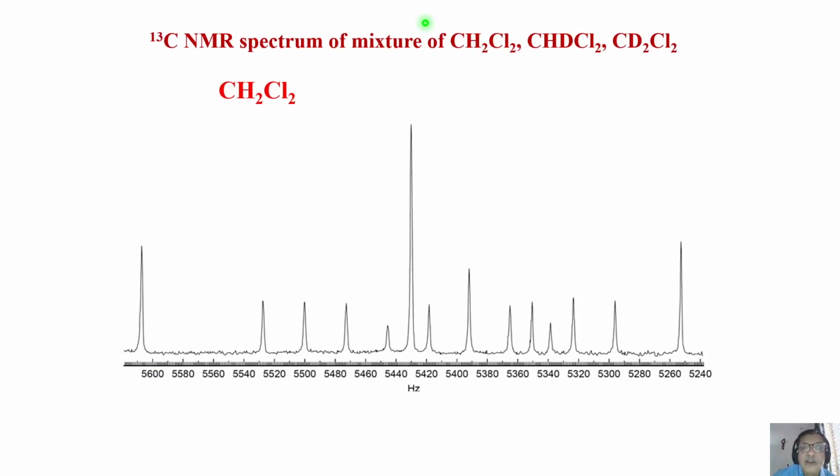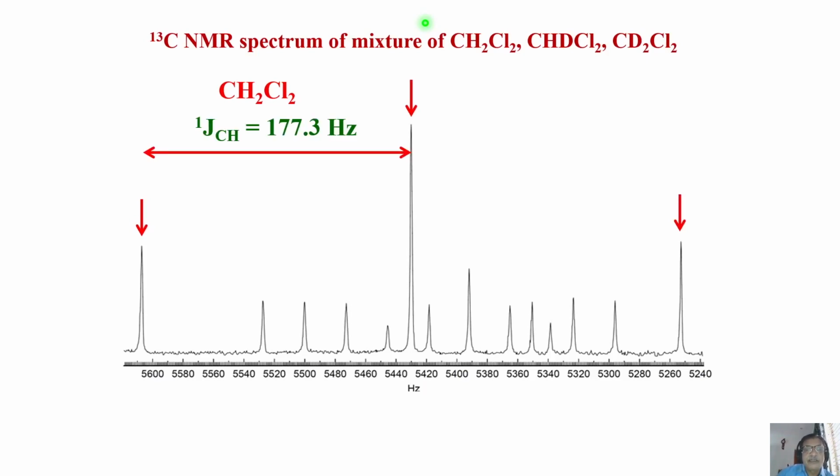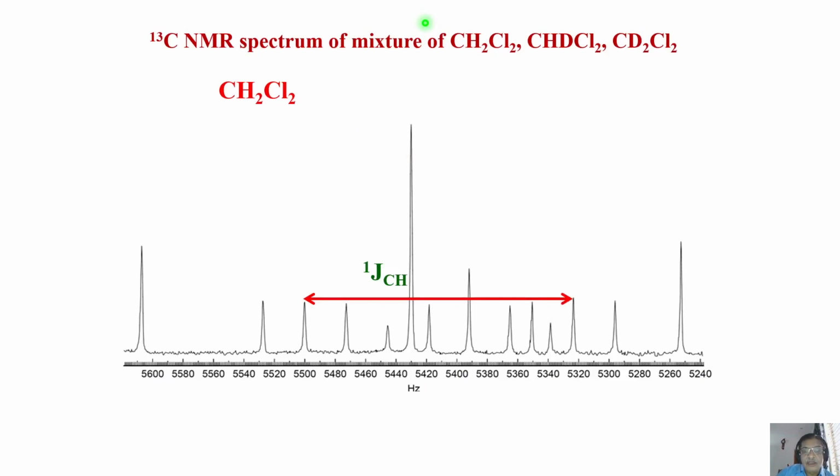Isotopic shift because of deuterium. This was explained in the morning, so I'm quickly going through it. This is a triplet because of CH2Cl2. I'm looking at carbon 13. This is 1JCH. This is delta of carbon, the chemical shift. Now, this is when one deuterium is present.